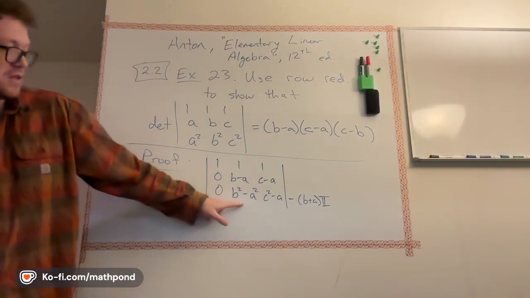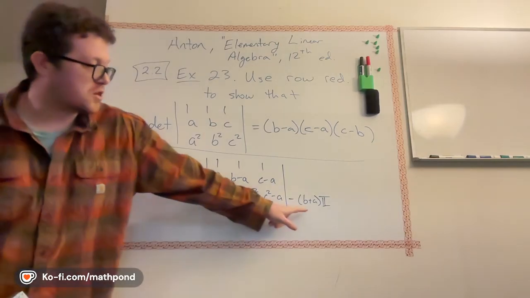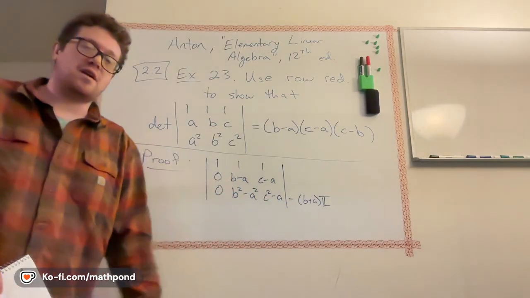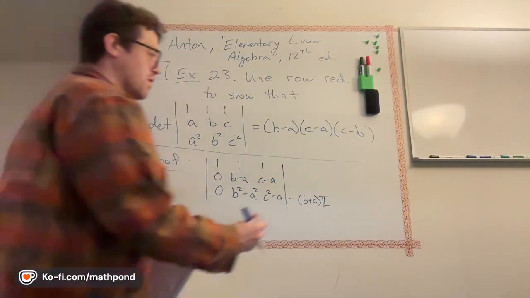That'll give us a difference of squares here. And then when we subtract it, I'll end up with a 0 here. And then our matrix will be upper triangular. So that's the goal here.